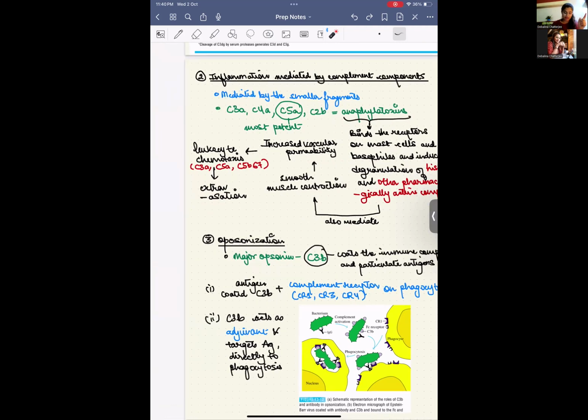In this process of chemotaxis, the anaphylatoxins can also participate, and different association products of the complement pathways can also participate. So C3a, C5a, C5b, 6, 7. So these are all mediating the chemotaxis, which means that the process of extravasation or marking the site where the leukocytes have to reach, they are all mediated by the complement proteins, and eventually at those sites, extravasation is permitted.